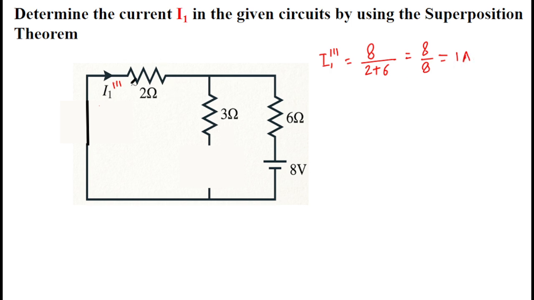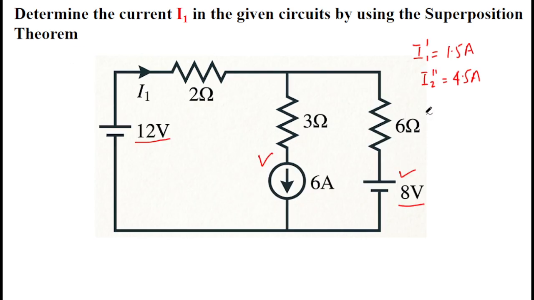One thing to note is that the current here flows in this direction due to the 8 volt source, which is opposite to the assumed current direction. So we take I1 triple dash as minus 1.0 ampere.